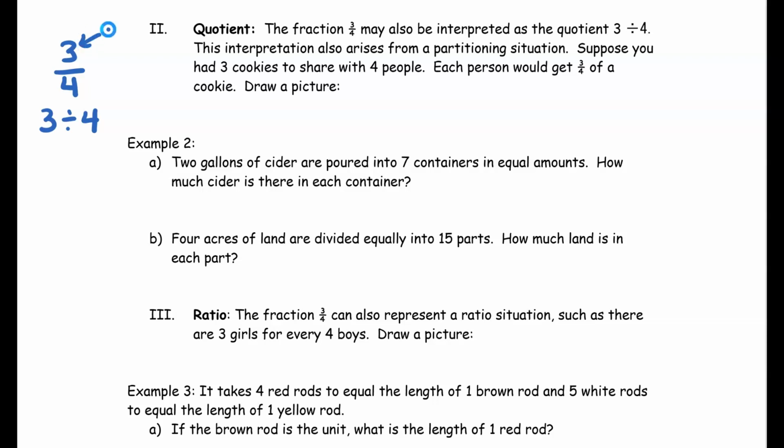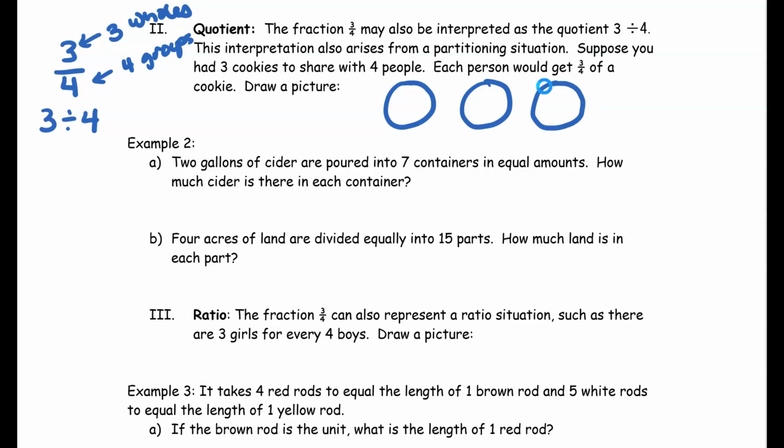So 3 represents 3 wholes, and then you're dividing them into 4 groups basically. So imagine for a minute that you have 3 cookies. This happens in my family all the time. We've got 3 cookies, there are 4 kids, and each of them wants some cookies. How do you divide them up?